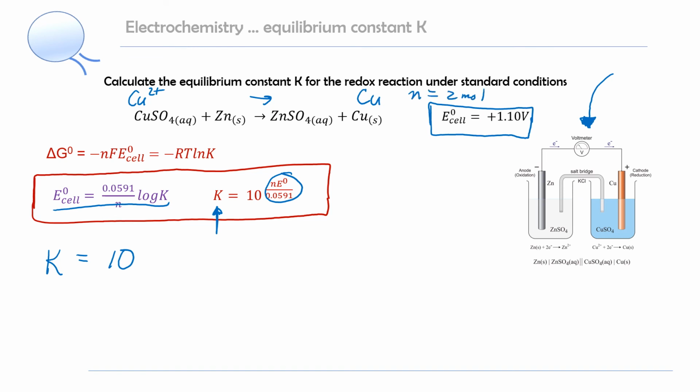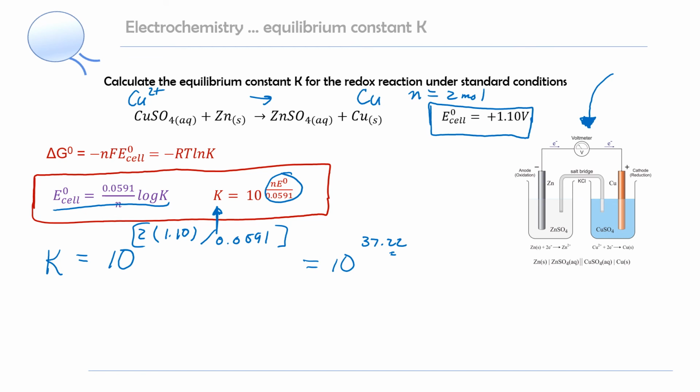So this is 2 moles of electrons. The cell potential is 1.10 volts, and we're dividing that by 0.0591. The constant has units of volts, so the volts are going to cancel. So we are technically raising 10 to the exponent of 37.22, where we have 3 sig figs, 1 decimal place.